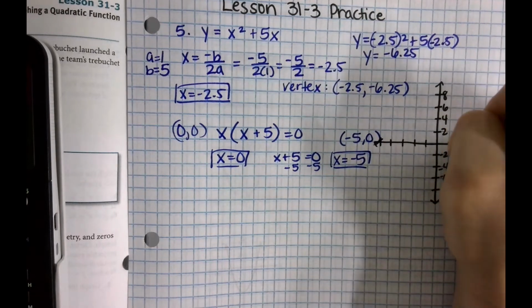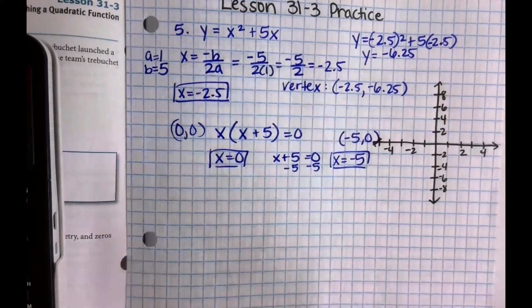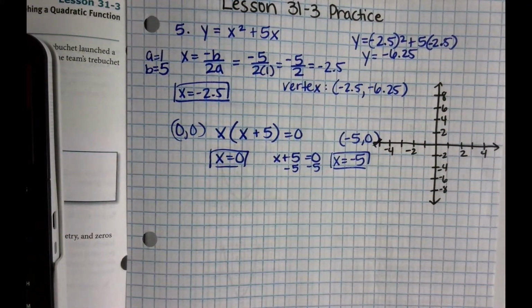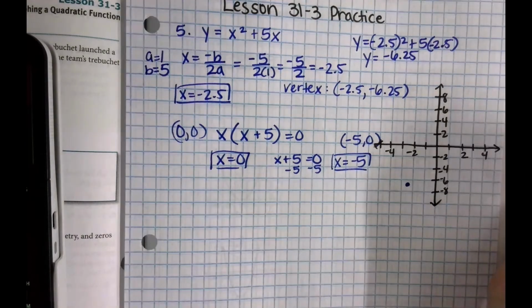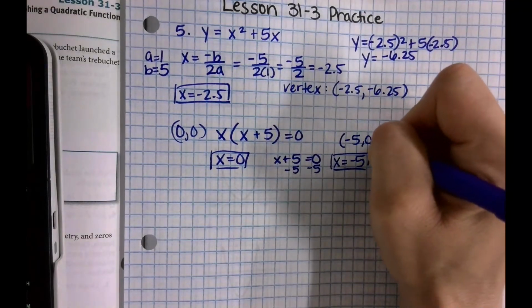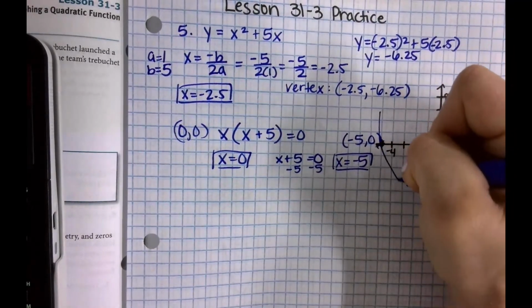And then 1's on the x-axis. All right, so our vertex is at negative 2.5, about right here. And then the zeros are at negative 5, 0 and 0, 0. Draw my parabola.